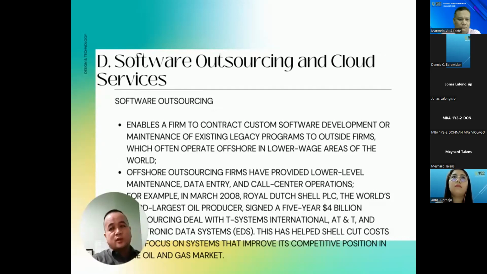For example, in March 2008, Royal Dutch Shell, the world's third largest oil producer, signed a 5-year, $4 billion outsourcing deal with T-Systems International, AT&T, and EDS, or Electronic Data Systems. This has helped Shell cut costs and focus on systems that improve its competitive position in the oil and gas market.